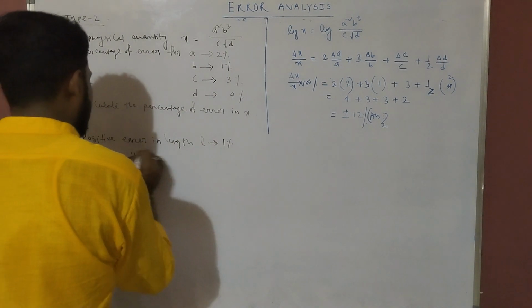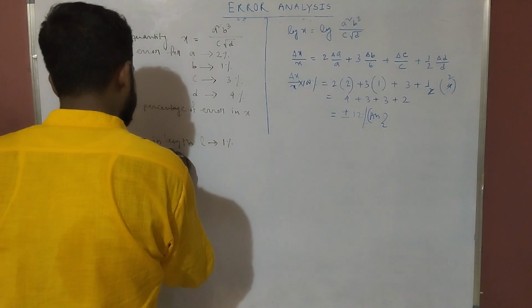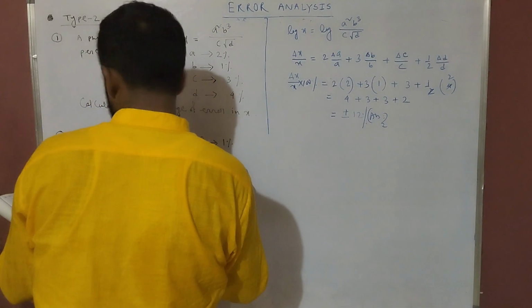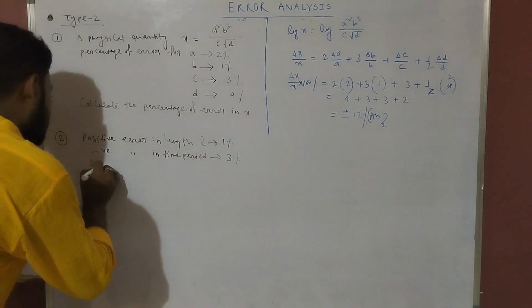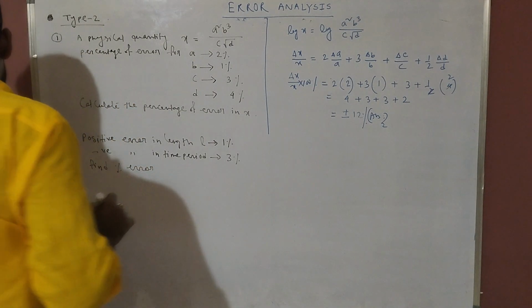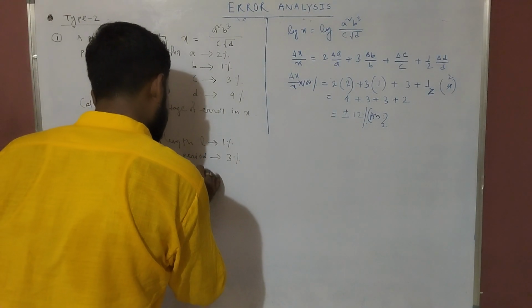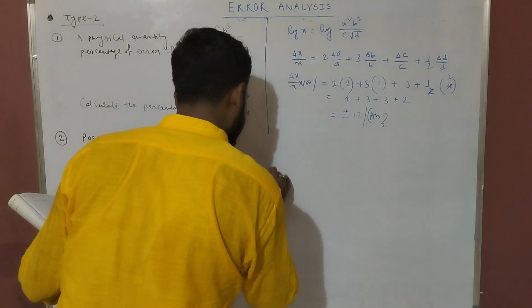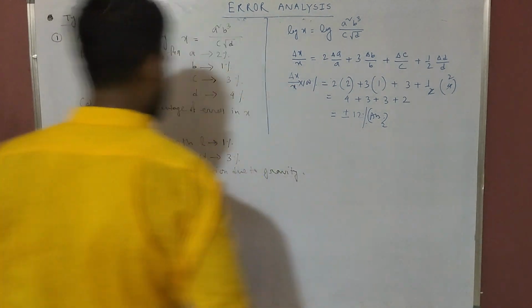Negative error in time period is 3%. Find the percentage of error for acceleration due to gravity.